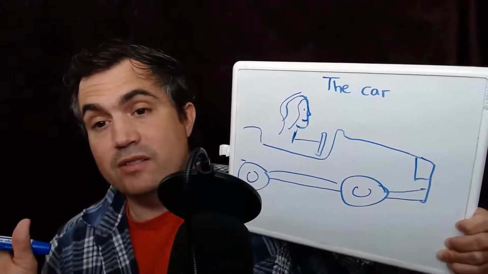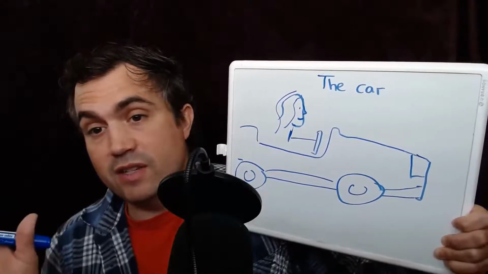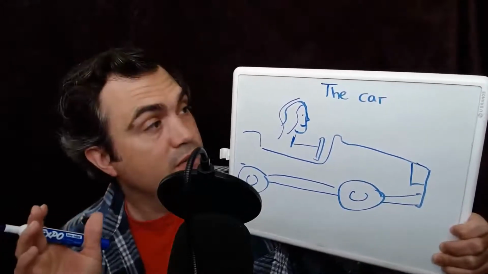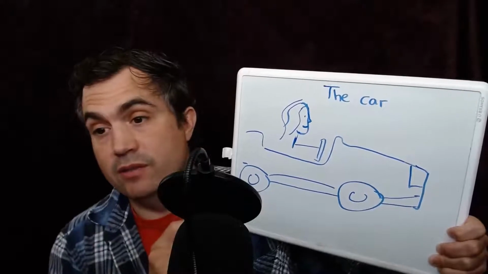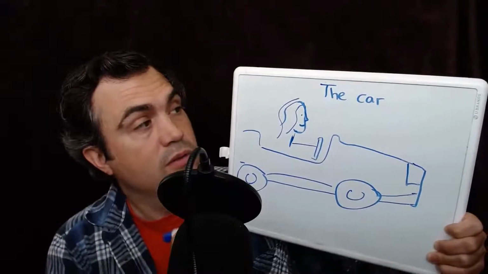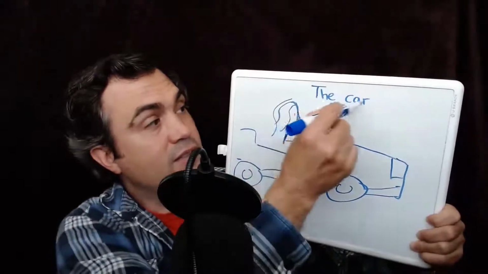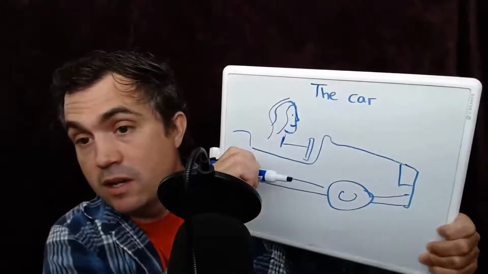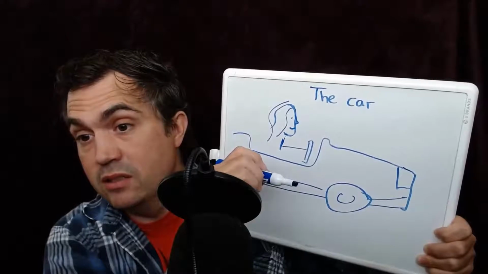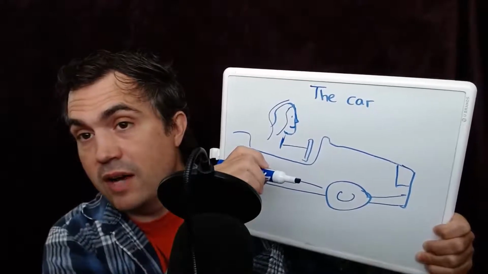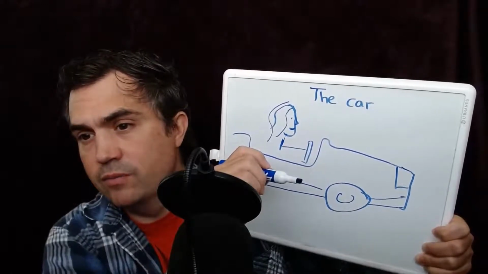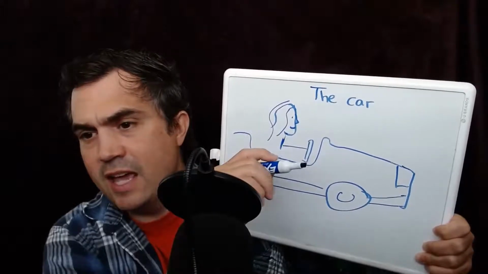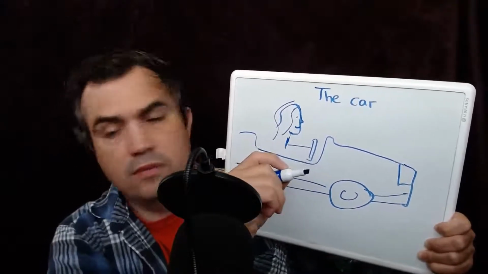Now, it doesn't matter the tense. We can use the passive voice in all the different tenses, right? But we need the verb to be. So we need the object, which is now in the position of the subject. Now we need the verb to be. The car, am, is, or are. Simple present, am, is, or are.